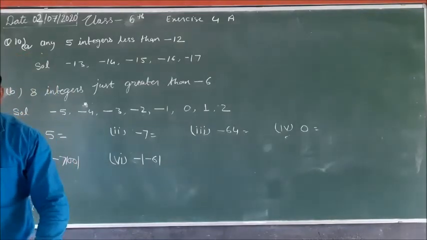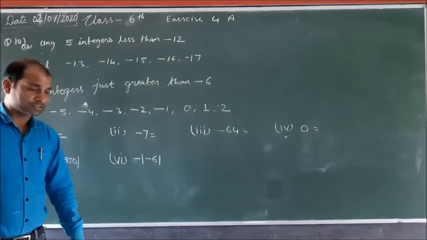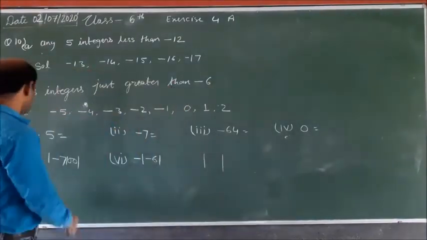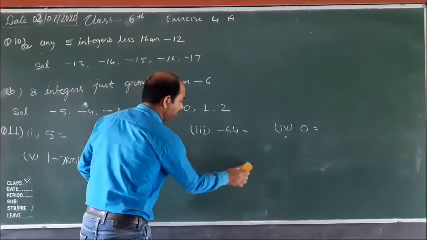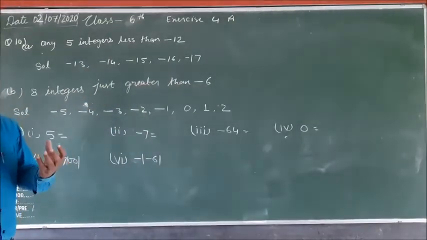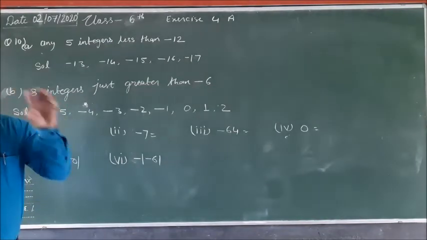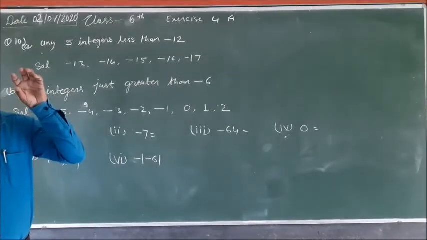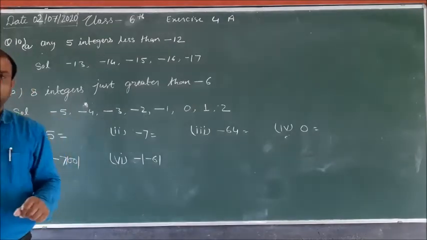Now question number 11. Write the absolute value of each of the following. So my dear students, this is the bar bracket. We say this line is the bar bracket. The absolute value of an integer is always positive, whether the integer is positive or negative.